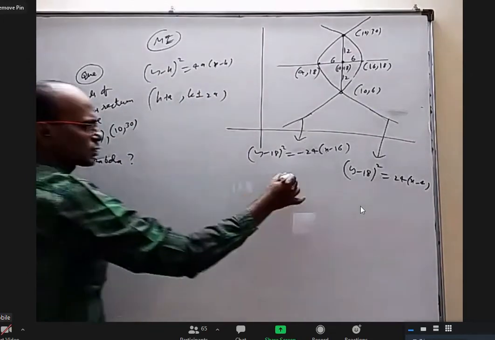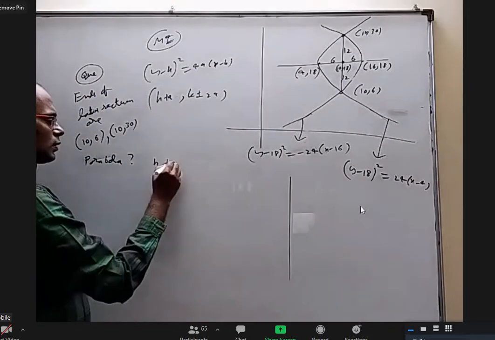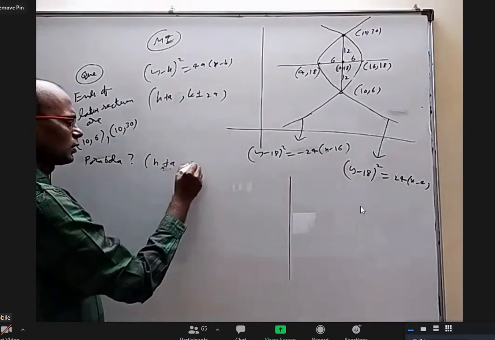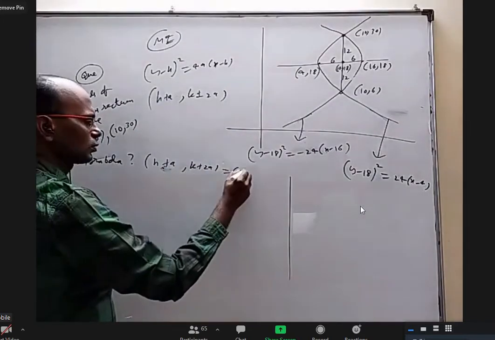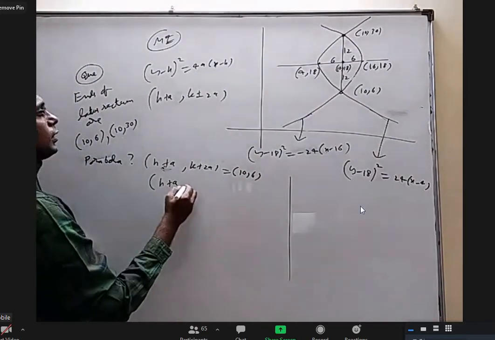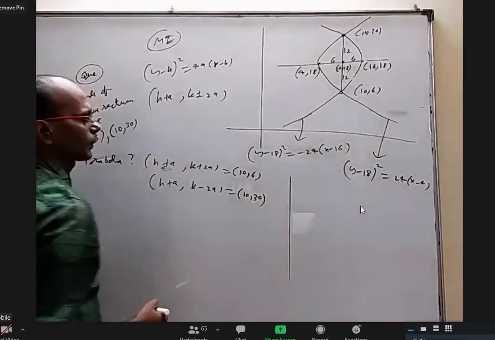You have two cases. What is that? h plus a comma k plus 2a is equal to 10 comma 6, and h plus a comma k minus 2a is equal to 10 comma 30.